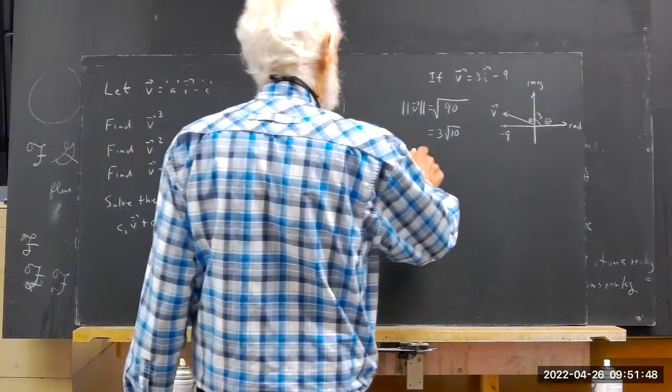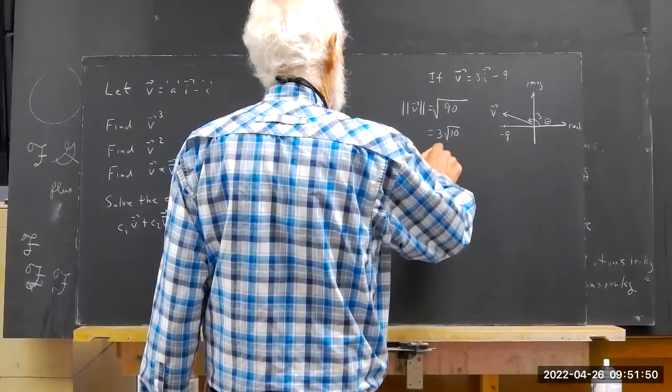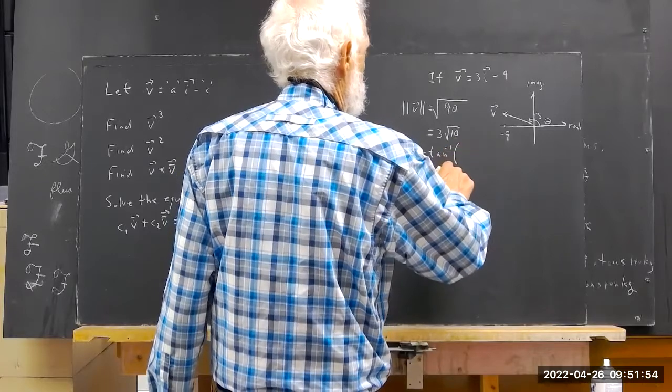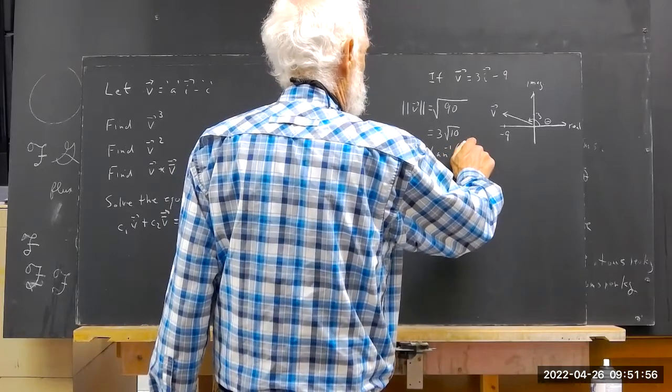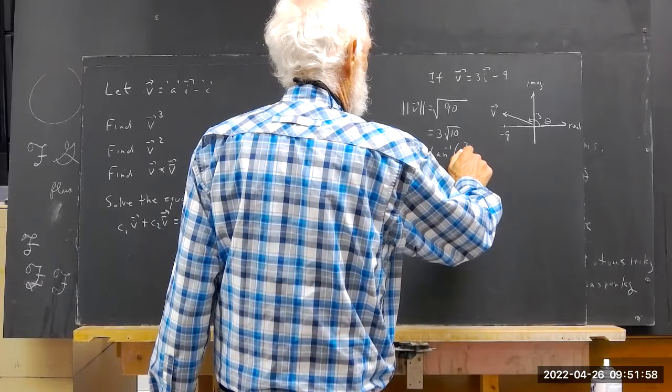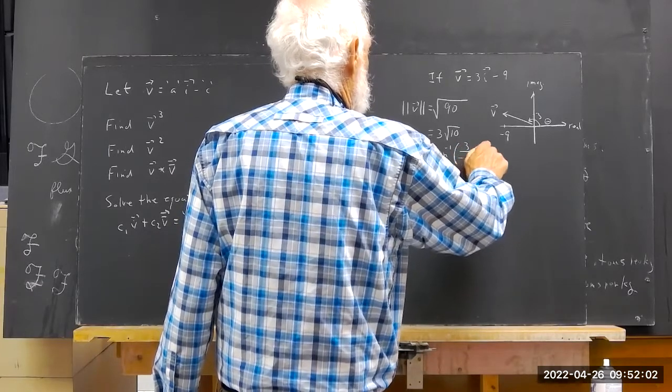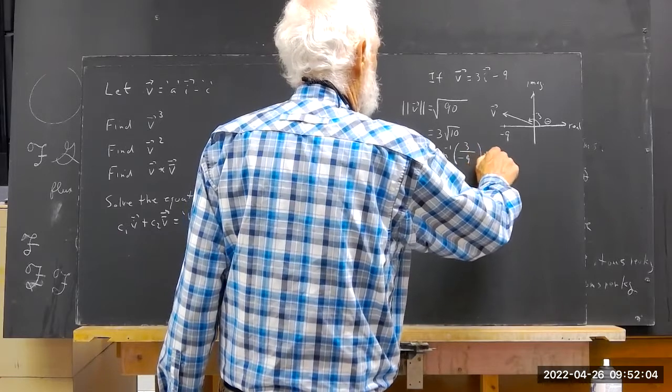Well, theta is the inverse tangent of three over negative 9.